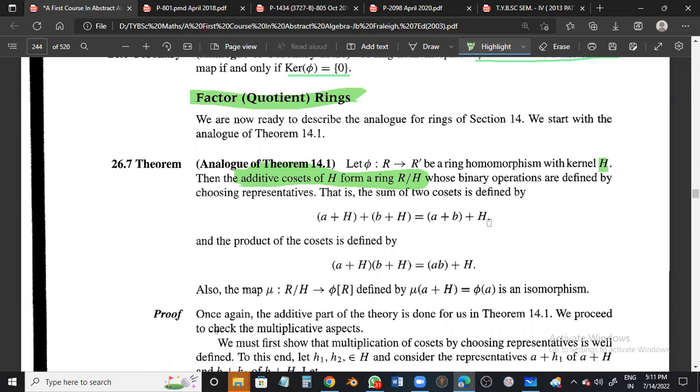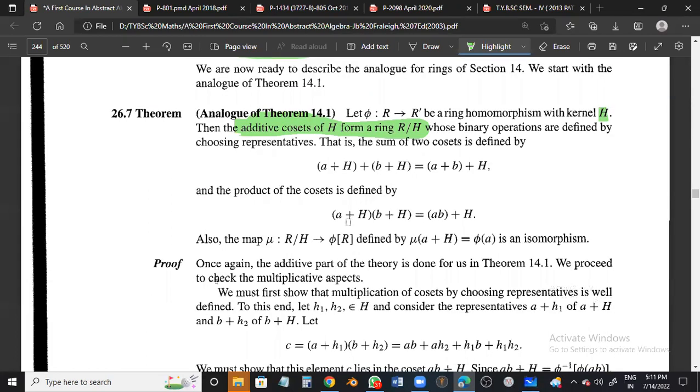So H will be there only. You add A plus B, so it is the same as A plus B plus H. Now define the product. A plus H multiplied by B plus H becomes AB plus H. Did you follow me?